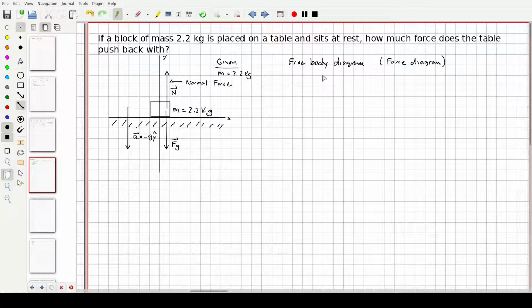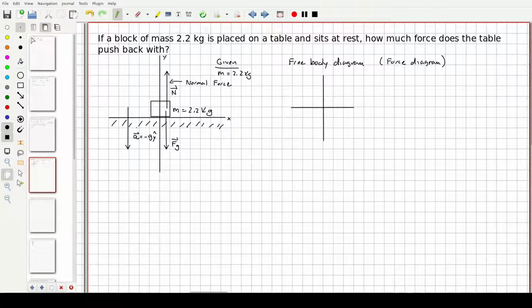So that said, I'm going to draw an XY coordinate system centered on my block. I'm not even going to bother drawing the block. I'm just going to put a little dot there. This is the block. Okay. Now, it has a mass of m.